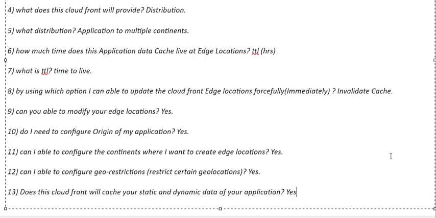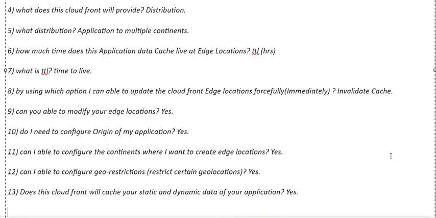The answer is yes. Most students assume CloudFront will cache only static content, but actually both static as well as dynamic content of your application will be cached at edge locations.